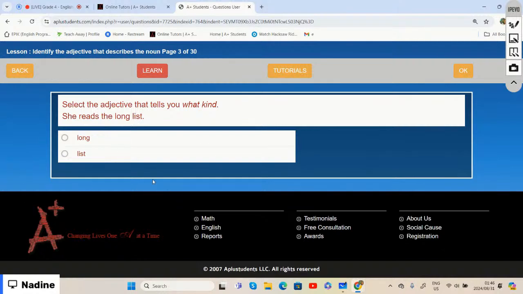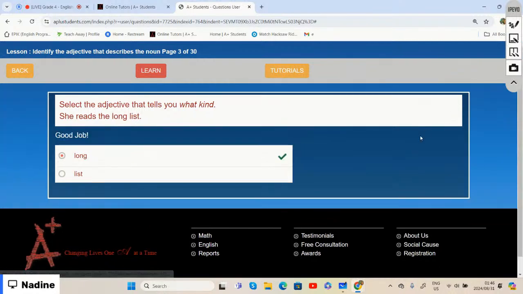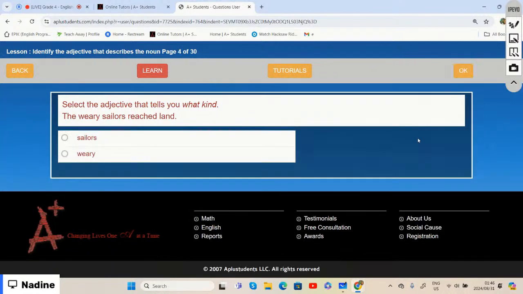We need to select the adjective that tells you what kind. And if we were to select the adjective that tells us what kind, we will say it is long, which is our adjective that describes how long the list is.